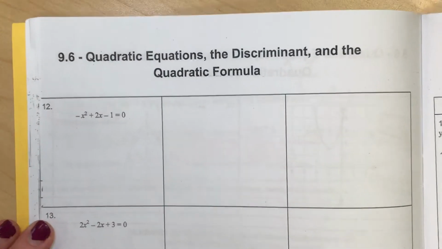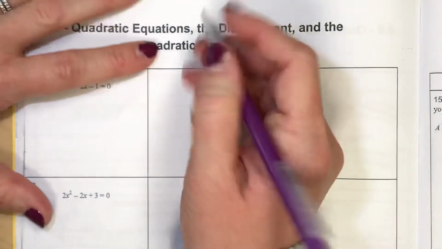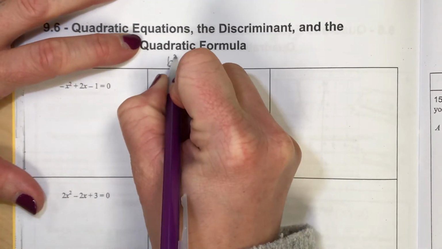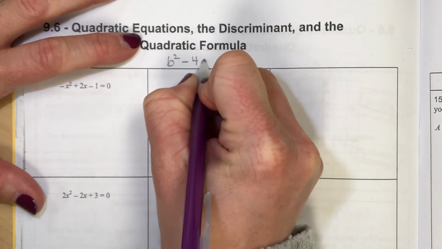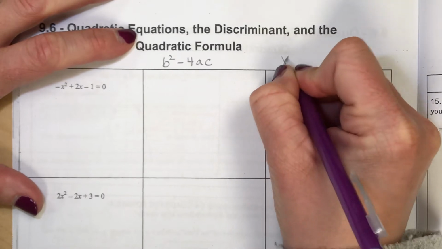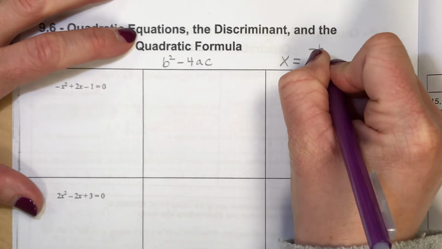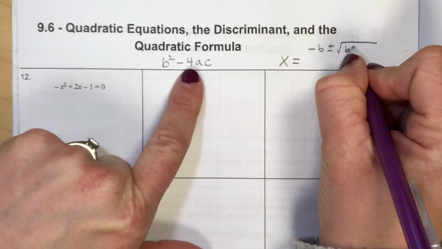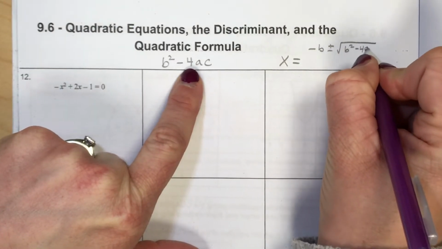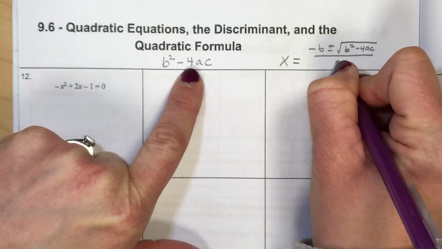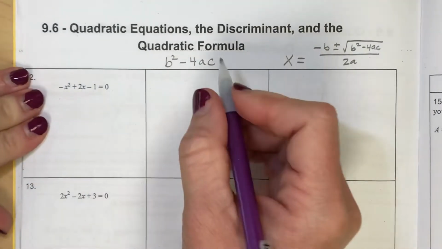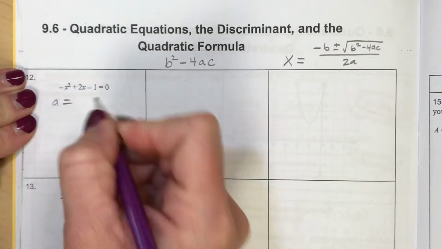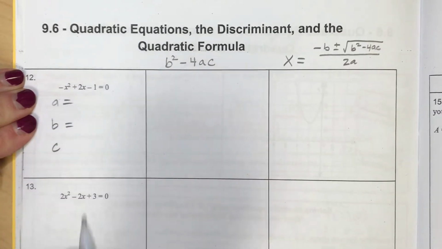So in this next example, my header here is gone. So I'm going to write down that discriminant b squared minus 4ac, and then the quadratic formula over here. Opposite of b, plus and minus the square root of our discriminant that we're going to find first, all over 2a. All right, now first let's identify our a and our b and our c.